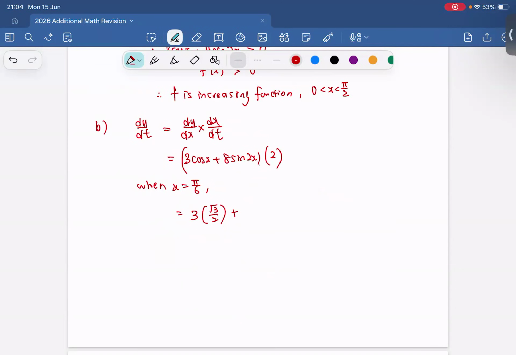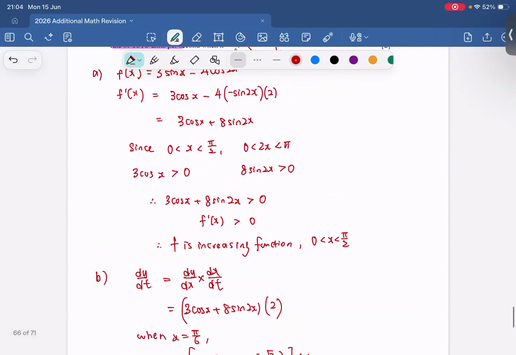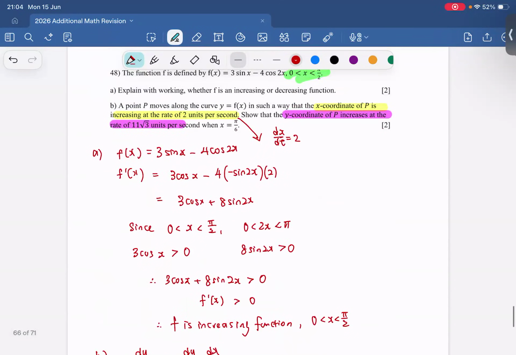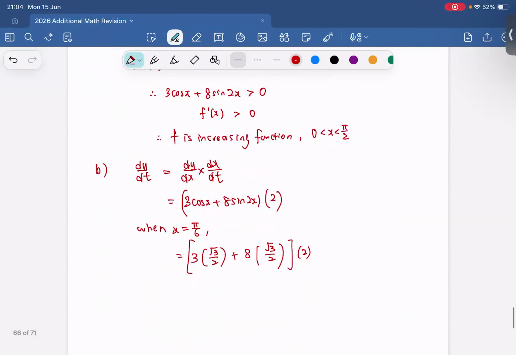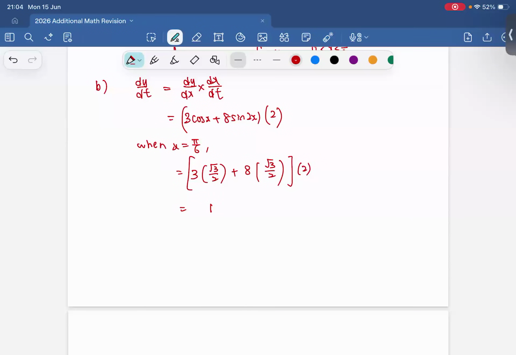Then this is pi over 3, and 8 sine pi over 3 is also square root 3 over 2. The whole thing needs to be times 2. So I add these two up, I get 11 square root 3 over 2 times 2. I get 11 square root 3. Done. Units per second.